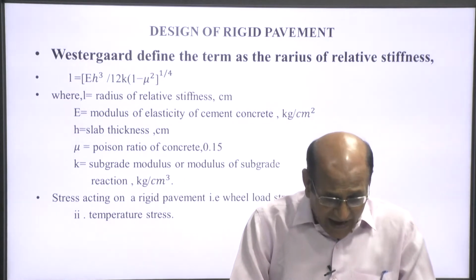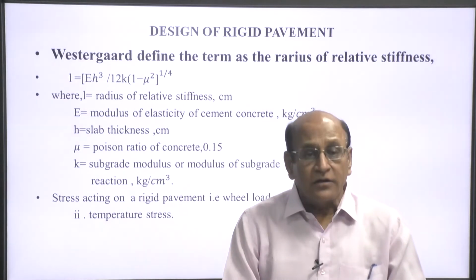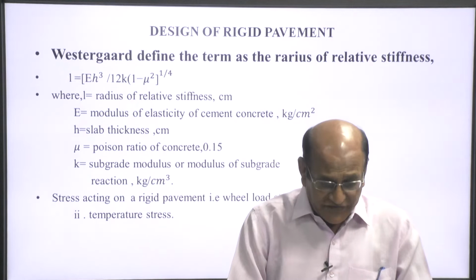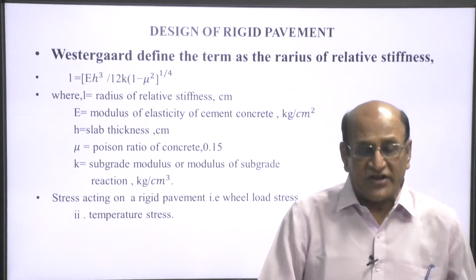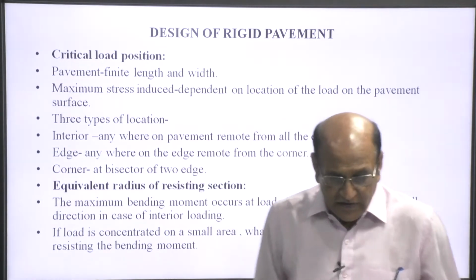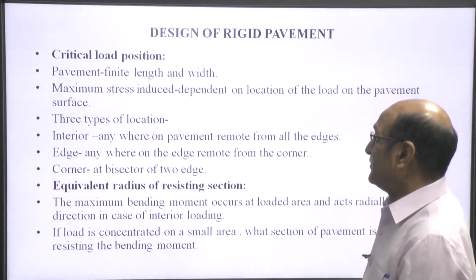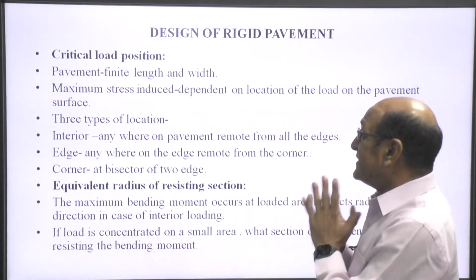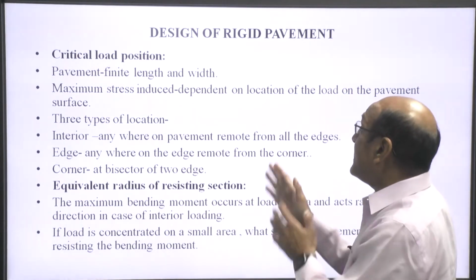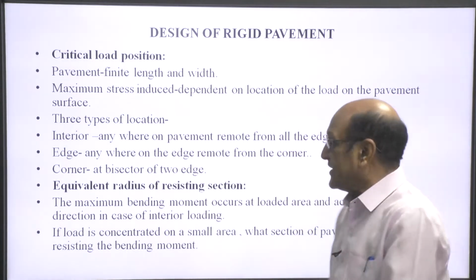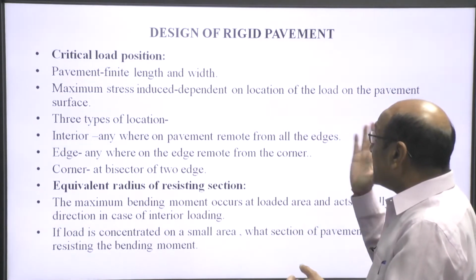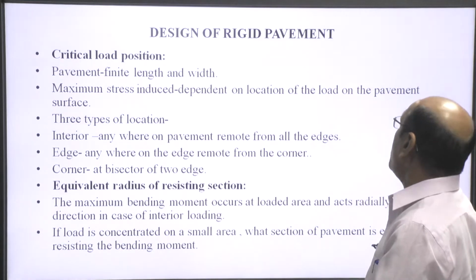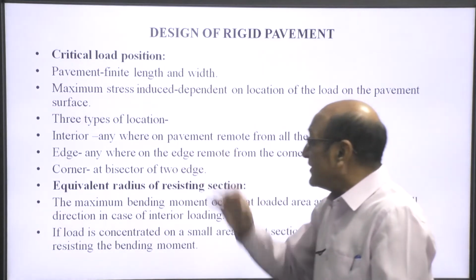The stresses acting on the rigid pavement are the load stress and, second, the temperature stress. So, critical load position. It is assumed that the pavement is of finite length and width. This is the first assumption. The maximum stress induced is dependent on the location of the load on the pavement surface.